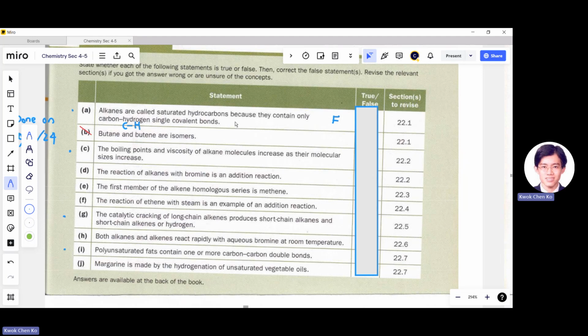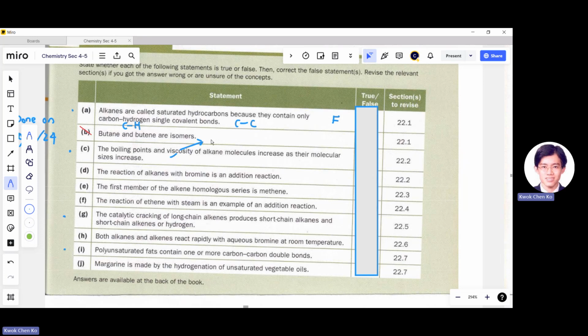Because they also have C single bond C. So it's not mentioned in the question. They also have CC single bonds, not just CH.